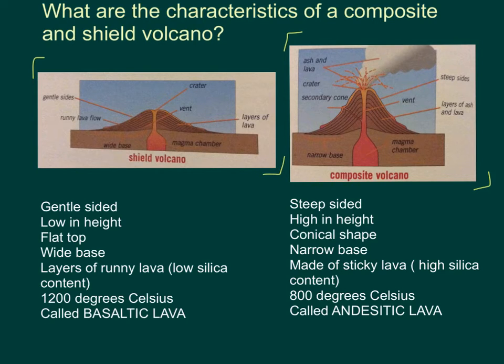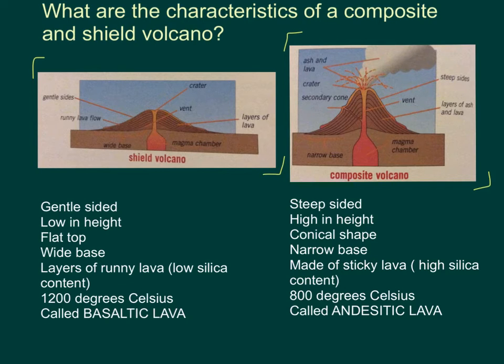So it's made of sticky lava, which means it's got high silica content, and it's slightly cooler at 800 degrees Celsius. This means that the lava cools quite quickly, and it doesn't get very far when it has erupted from its crater. So it builds up on top of itself, given the steep-sided volcano shape.